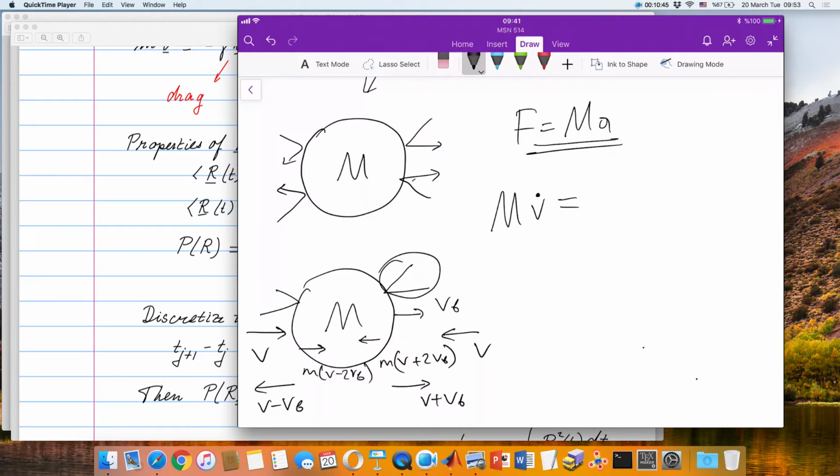Of course, there are some other corrections, but I just ignore them. So what I'm trying to tell you is that the ball, in the direction that it is moving, will get more kicks. Does it make sense to everyone?